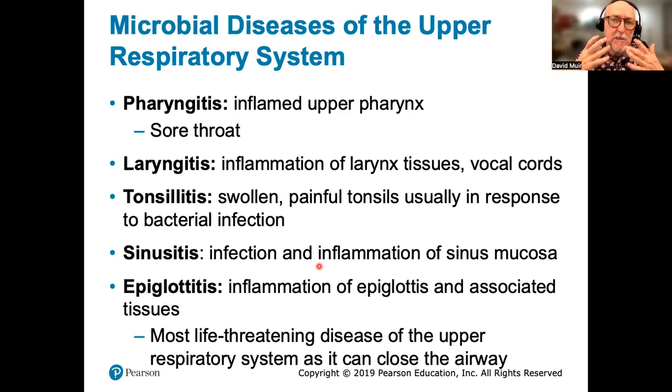And very often that leads to blockage of the flow of mucus from the sinuses, and that produces the typical sinus headaches that are characteristic of sinusitis. Epiglottitis, remember, I've described this to you already. Epiglottitis is a very, very dangerous inflammation of the epiglottis, which can lead to airway obstruction.